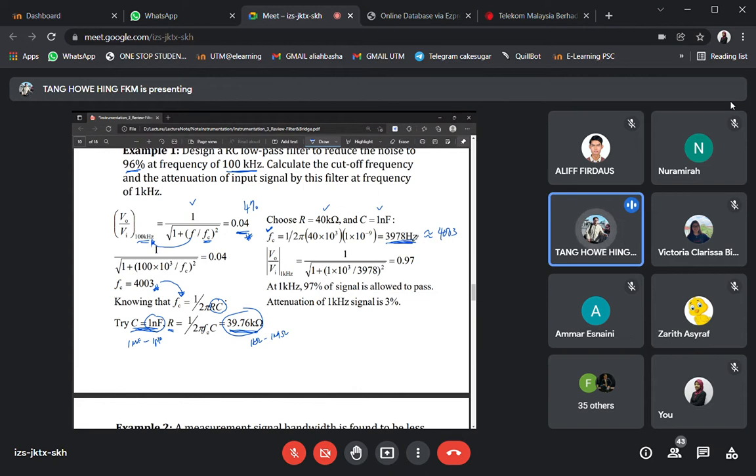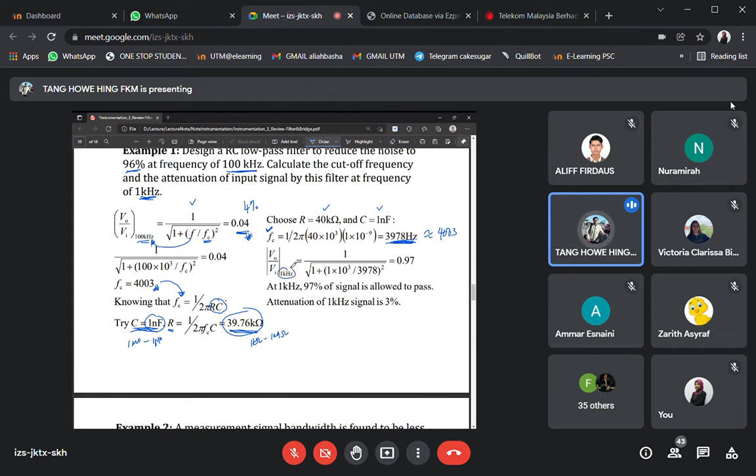So we select this and plug it into the transfer function. The question asks what the effect of this filter is on the signal that we want, which is 1 kilohertz.